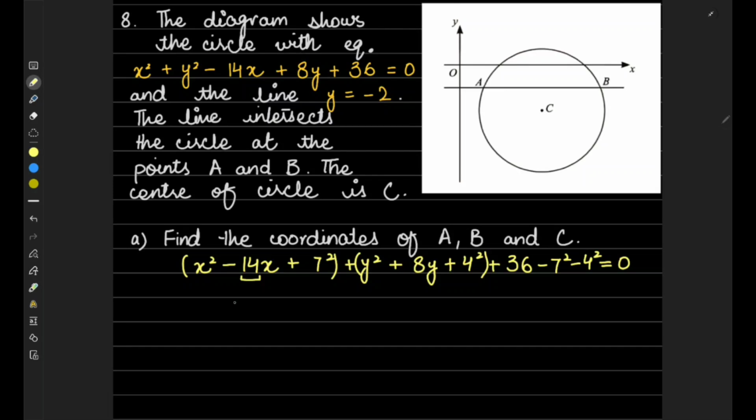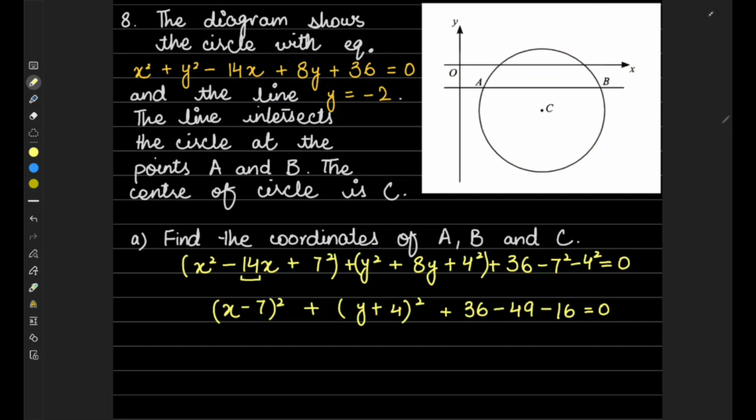So this is x minus 7 whole square plus y plus 4 whole square, and then plus 36 minus 49 minus 16 equals 0.